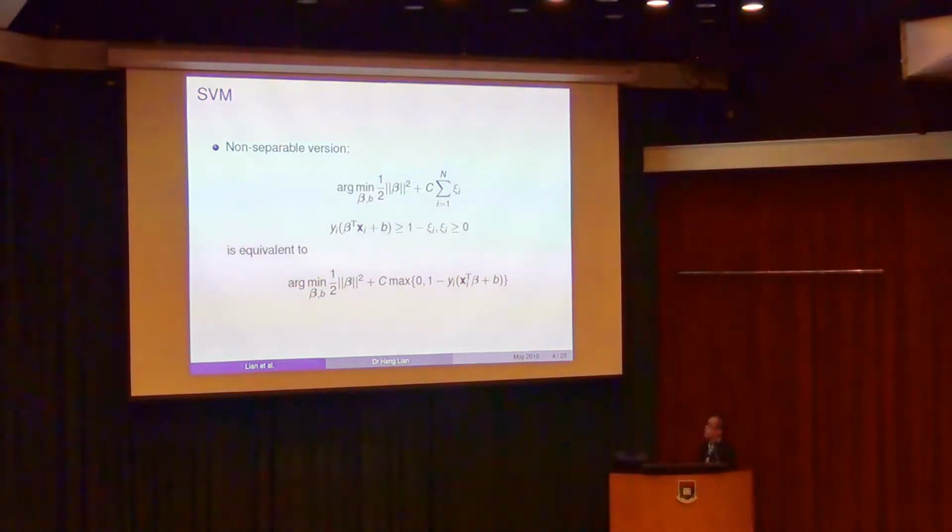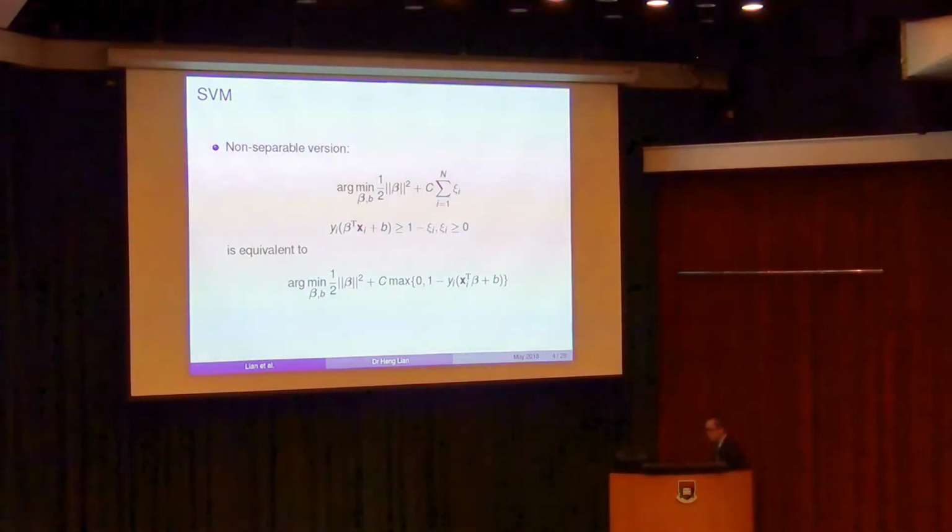But if they are different, we penalize it. And this square of the beta norm can be regarded as a regularization term in the sense that we want to control overfitting. Okay, anyway, now we have this kind of formulation, in which the second term is a loss function. The first term roughly can be regarded as a smoothing term.